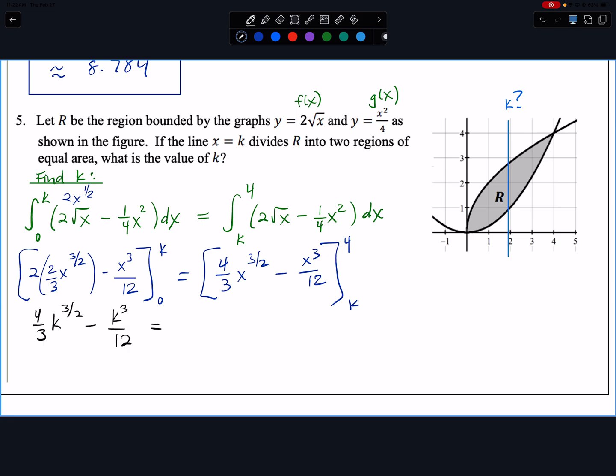Cool? This is the only part where you have to do some math because I have to plug in 4. So 4 raised to the 3/2 is the same thing as the square root of 4, which is 2, cubed, 8. 8 times 4/3 is 32 over 3. Minus, plug in 4, what's 4 cubed? 64.